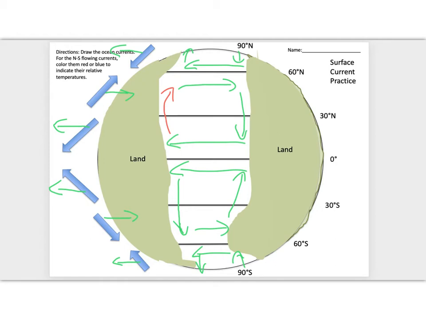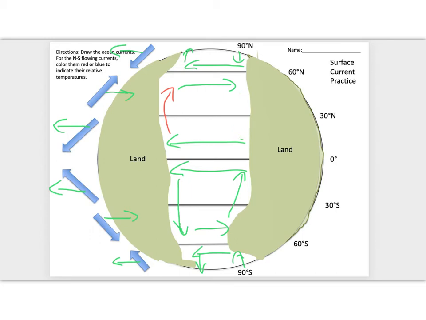It has a high specific heat, which means it doesn't cool down very quickly, so it's going to stay warm as it moves north. And like I said, I'm not going to worry about the left and right arrows. Let's just focus on the up and down arrows. Now that the water's been up here for a while, it's losing its radiation, it's losing heat, so our water is going to cool down.